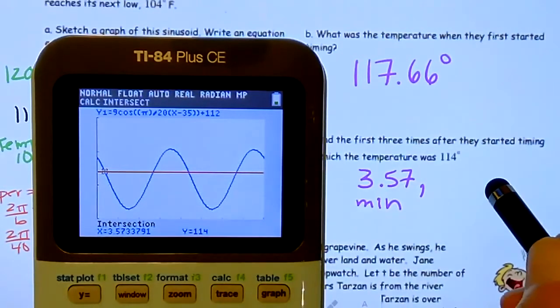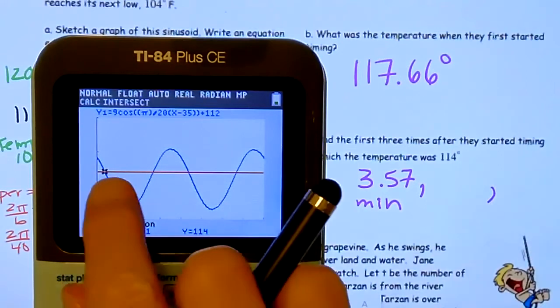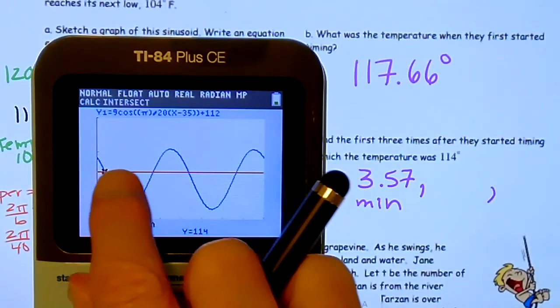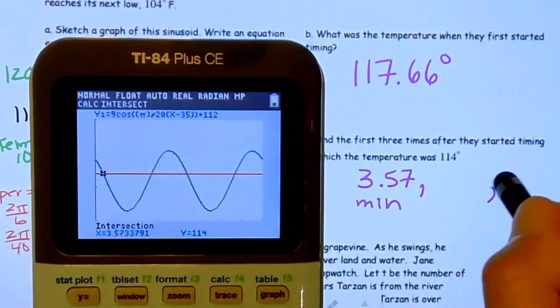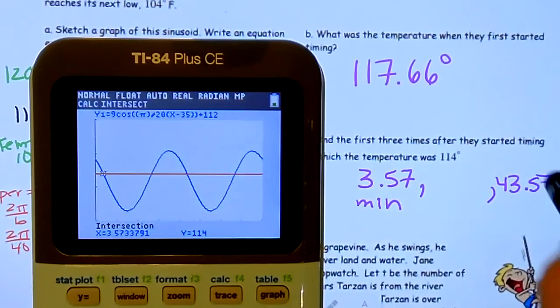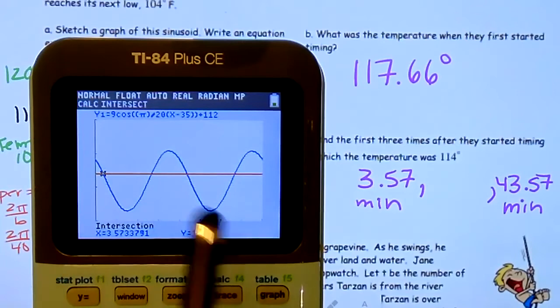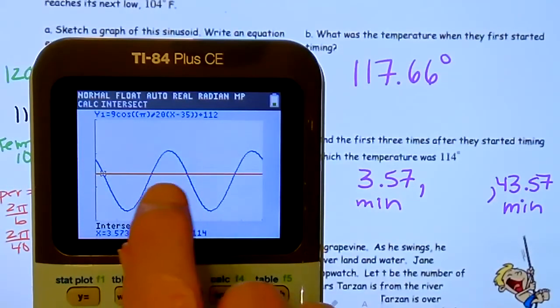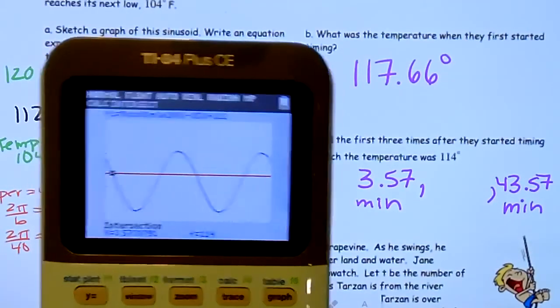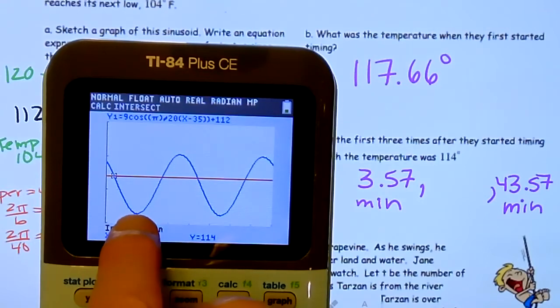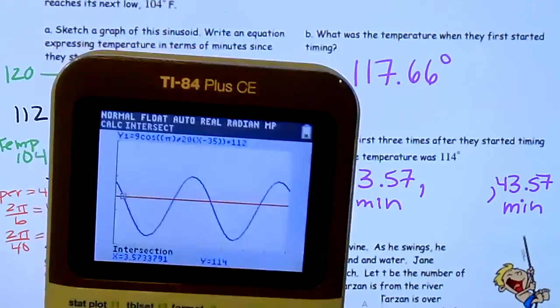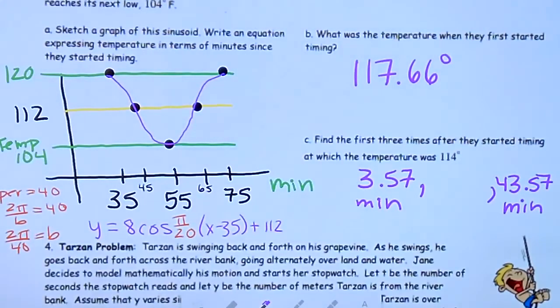So let me just space this out. And this is my first one. 40 away from that will be here at the same spot. So that would be 43.57 minutes. This one here, we can either find it, or you can also realize that if we know this value, let me just see that value.